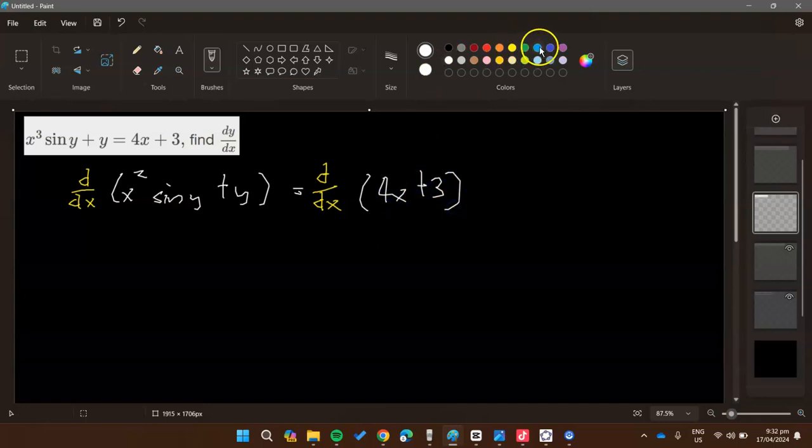If you notice here, this is a product. So we are going to make use of the product rule to find the derivative. Again, the derivative of the first times the second, plus the derivative of the second times the first. So we will get the derivative of x squared, which is 2x.